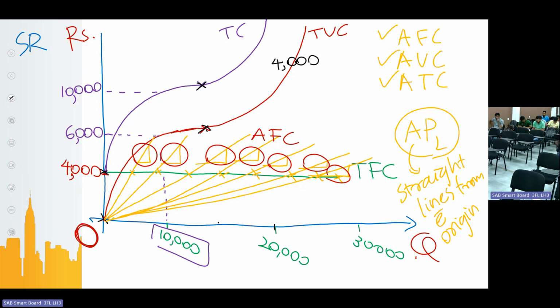What do you observe about the steepness of these straight lines? When output increases, what happens to these straight lines? They are getting flatter. Flatter means their slope value is reducing.